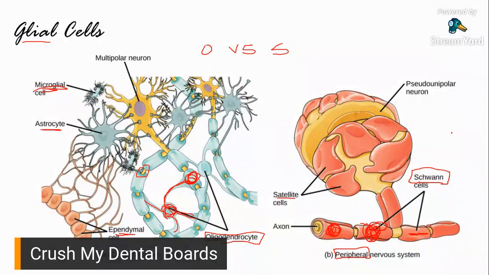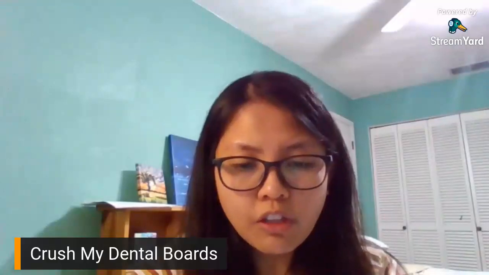Okay, let's do this. Because I'm not sure if I placed this here. But you call it your neurilemma. Okay, so your neurilemma, we see it on your peripheral nerves.